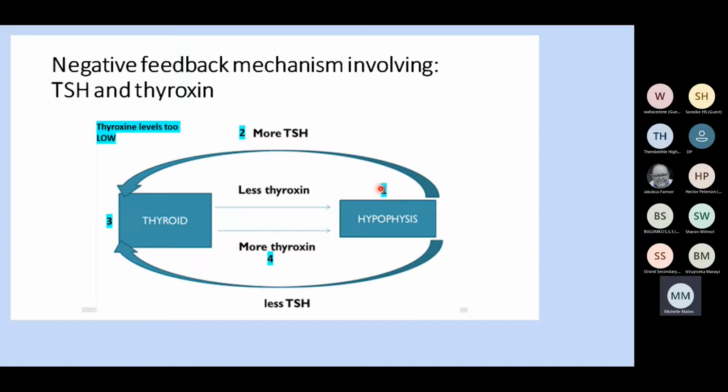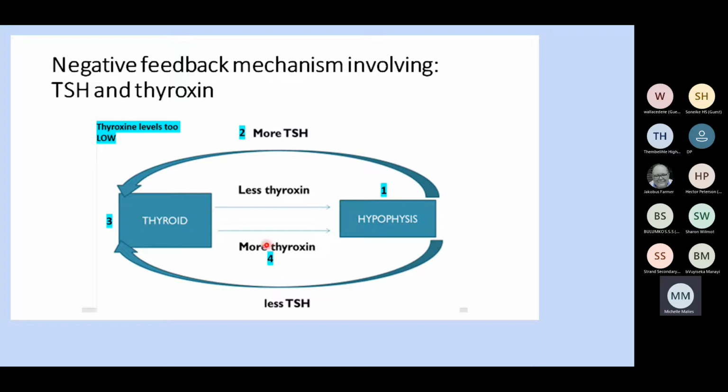So 1, hypophysis is stimulated. 2, remember what was the imbalance? Thyroxine levels is low. So more TSH is secreted by the hypophysis. Higher levels of TSH is stimulating the thyroid gland.